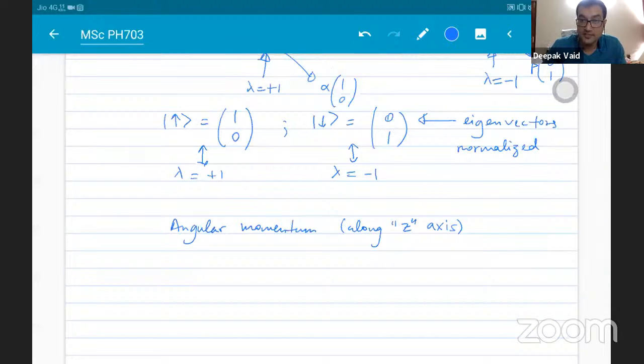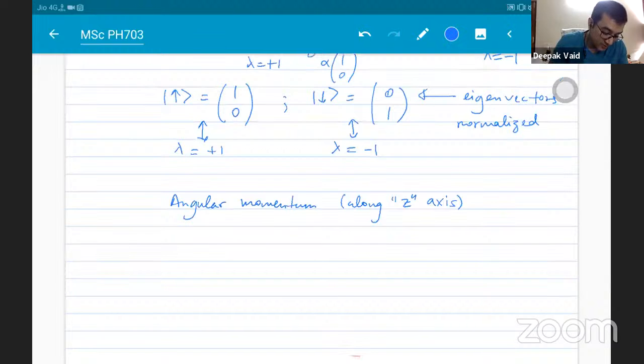We can pick any axis as our z-axis. So the angular momentum operator, let me call it S_z, is equal to h bar by 2 times sigma z.